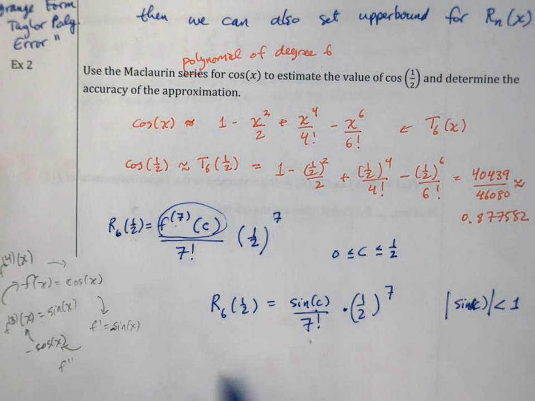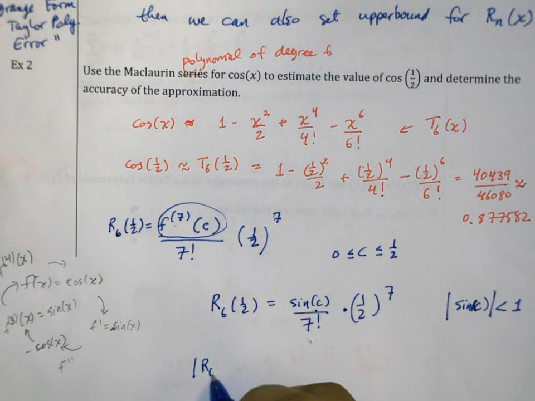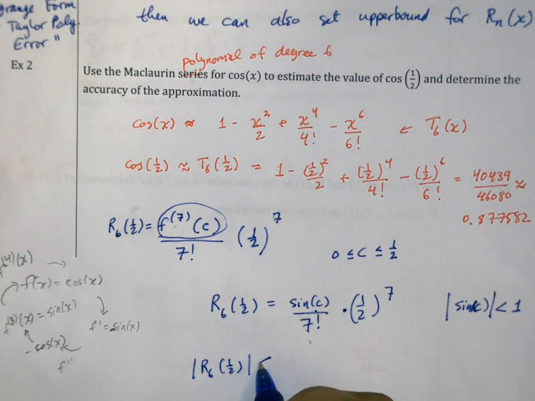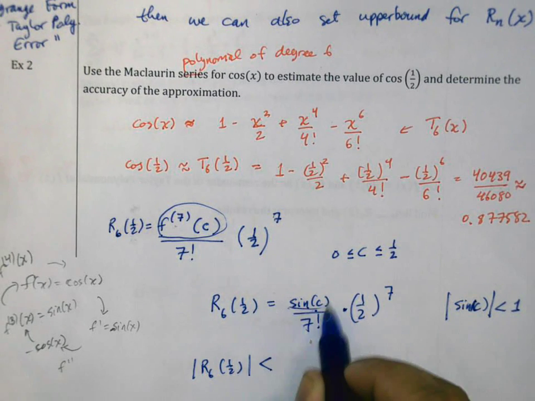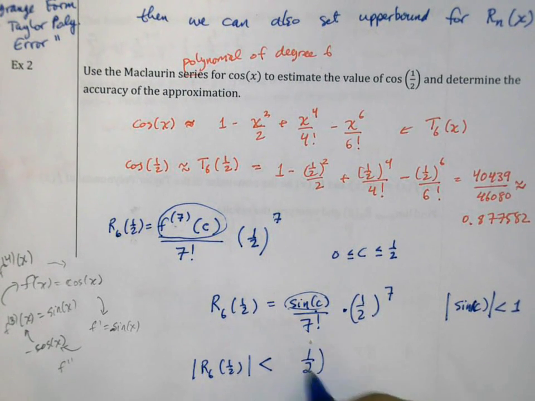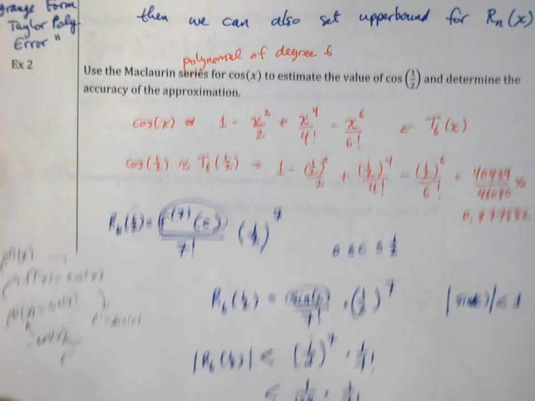So we can say that the absolute value of the error, which is what we're really interested in, is at most, we can take this out and replace it with 1. 1/2 to the 7th times 1 over 7 factorial. So this is at most 2 to the 7th, which is 128, times 1 over 7 factorial.